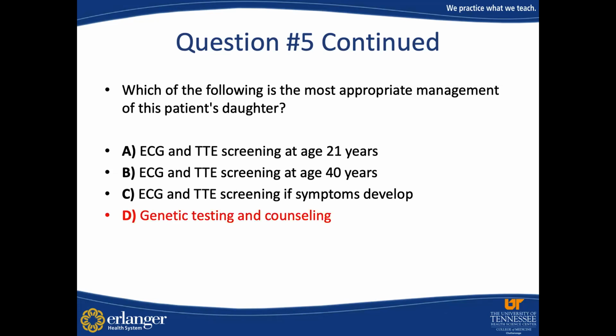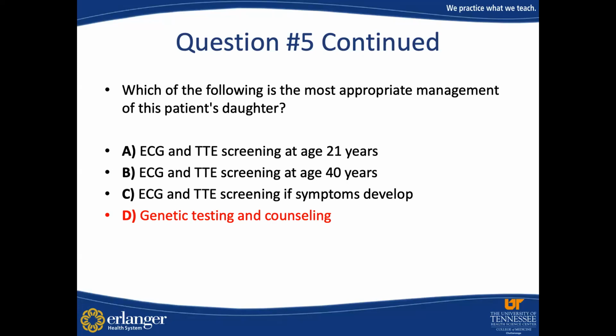Good. So we have a father diagnosed with a genetic variation that we know of. So we're going to test her for it because we want to keep her from ever developing symptoms and ever having heart failure. If she has the gene, then we're going to start screening really early. If she doesn't have the gene, we're still going to screen, but maybe not as frequently.